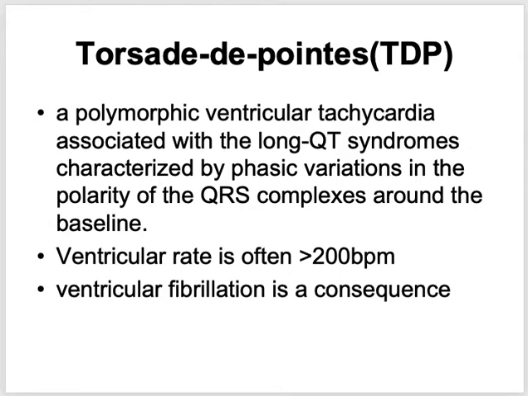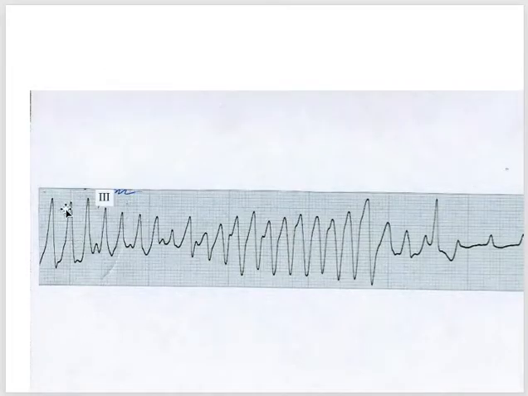You can see over here that this one is broad, then narrow, then broad, then narrow. I'm not talking about the QRS complex, I'm talking about this one. See, this one is broad, then small. So they are oscillating, and it seems like they are twisting like this. So this is called torsades de pointes.